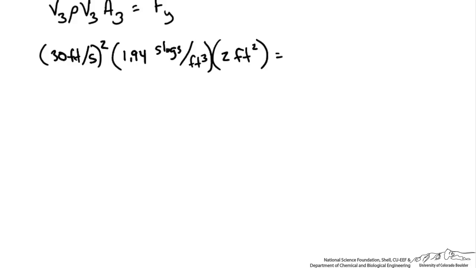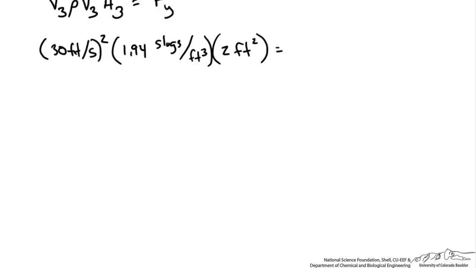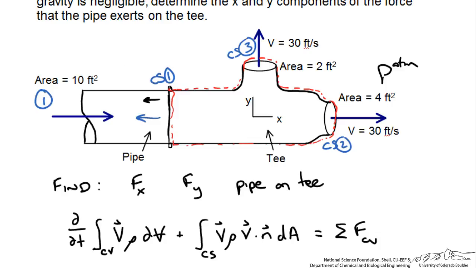This gives us a force of roughly 3,500 pounds force. Because it's positive, it's acting in the y direction up, which means that the force the pipe is exerting on the T in the y direction is upwards.